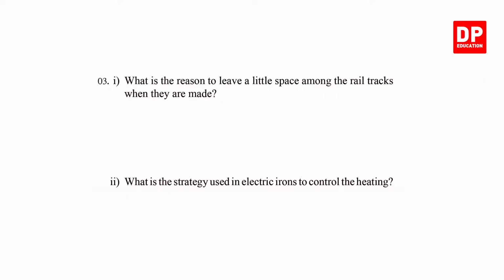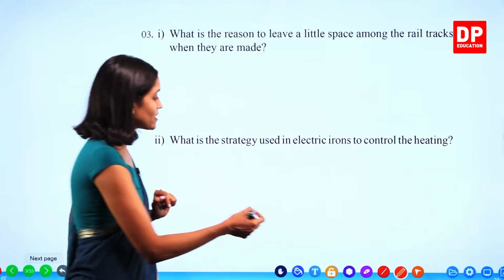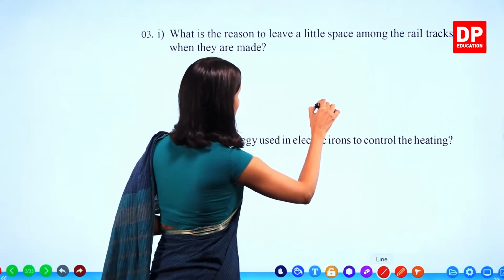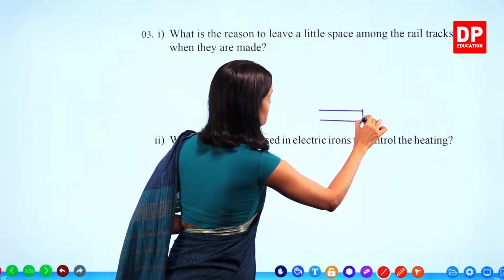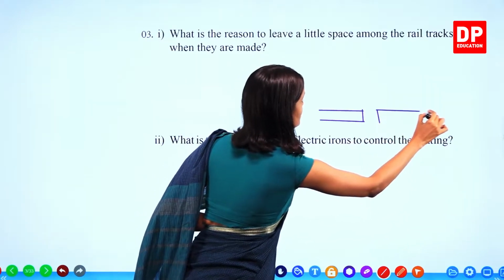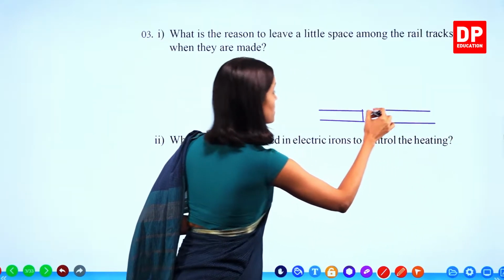Number 3, part 1. What is the reason to leave a little space among the rail tracks when they are made? Now you all know the reason. Because when we consider 2 rail tracks, what happens, children? During the daytime, they expand. Right? So if we did not leave space, what happens?